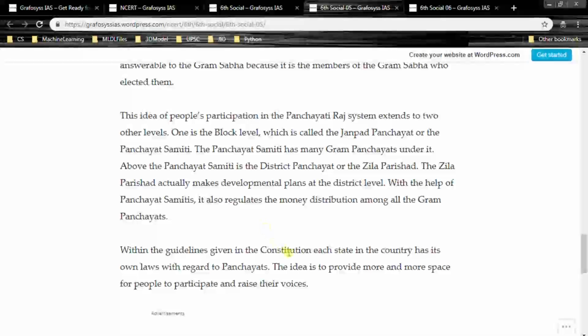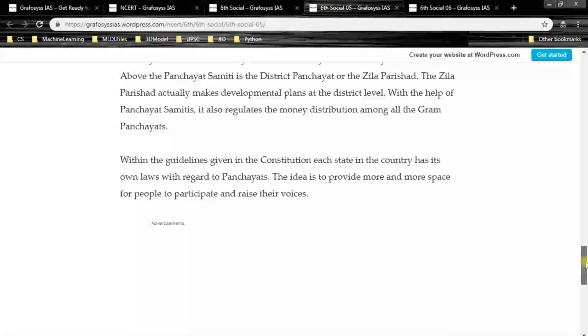Within the guidelines given in the Constitution, each state in the country has its own laws with regard to panchayats. The idea is to provide more and more space for people to participate and raise their voices. So under the guidelines of the Constitution, each state has its own laws with regard to panchayats.